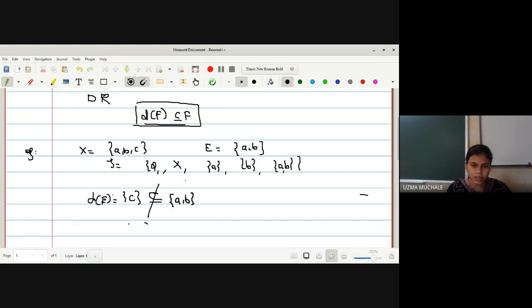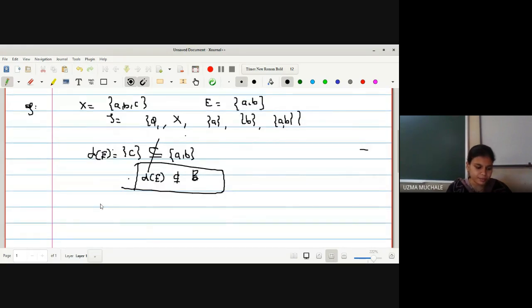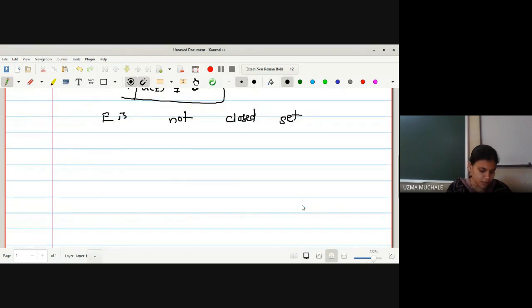Right, so here the condition that the derived set of E is contained in E fails, and hence we can say that E is not a closed set. So it is easy to do.